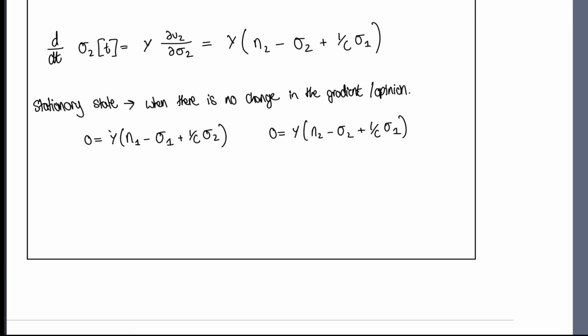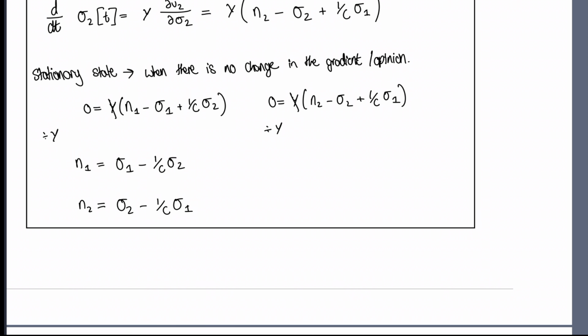What I'm first going to do is get rid of the gammas. So divide by gamma. And so we're left with eta 1 is equal to sigma 1 minus 1 over c sigma 2, and eta 2 is equal to sigma 2 minus 1 over c sigma 1. So we could solve this using simultaneous equations, or we can use matrices.